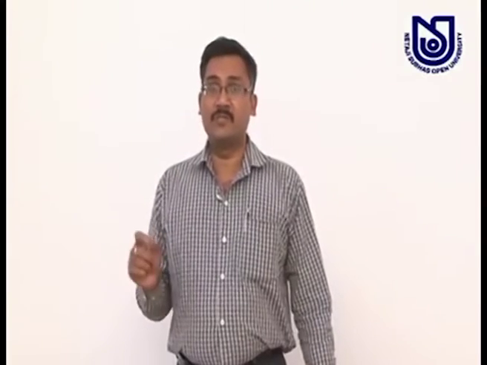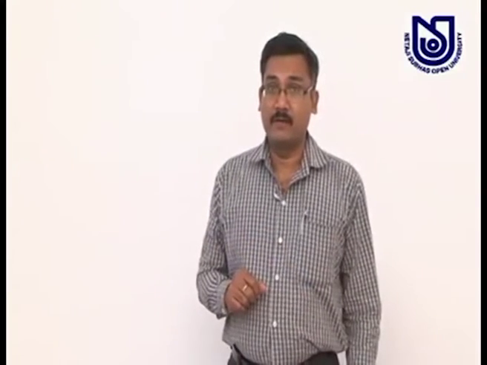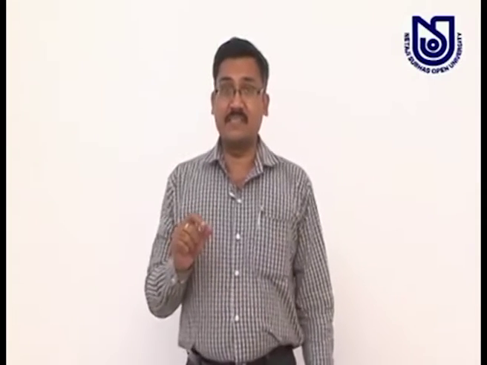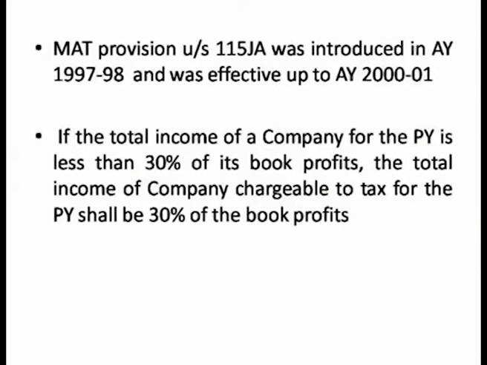If the total income is less than 30% of book profit, then the amount chargeable to tax would be considered as 30% of book profit. That is, the company is liable to pay tax on 30% of book profit if it is more than the total income. This section, 115JA, was effective from the assessment year 1997-98 to 2000-2001.